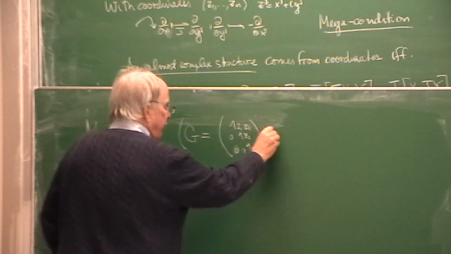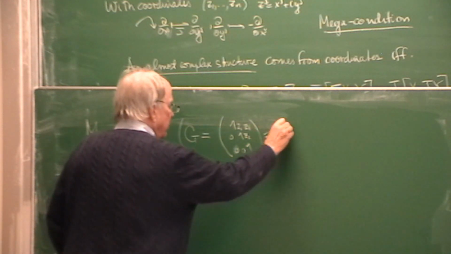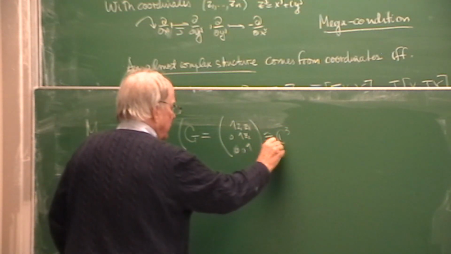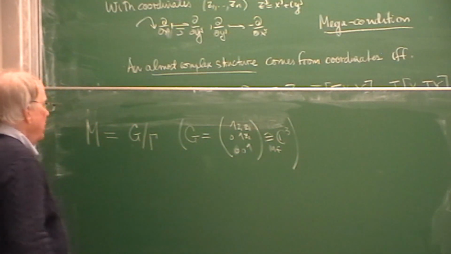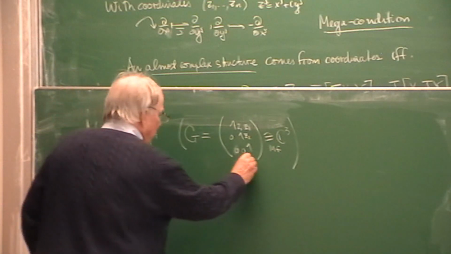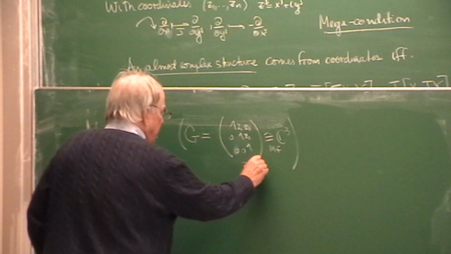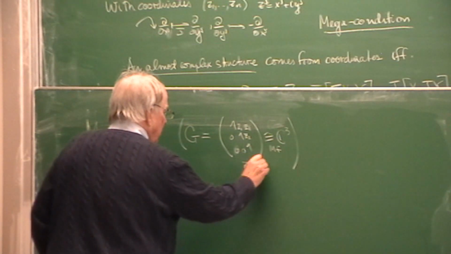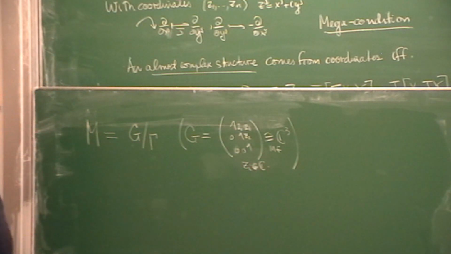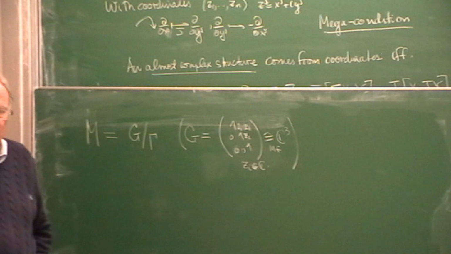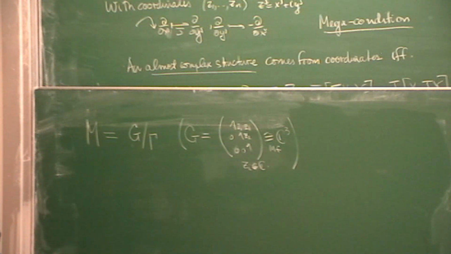So as a manifold, it's just isomorphic to C3 as a manifold, but as a group, of course, it's not abelian. And of course, here I mean the Zi's are complex numbers. So your first non-abelian group that you should look at is this one.